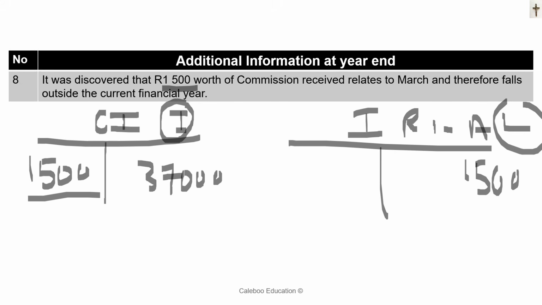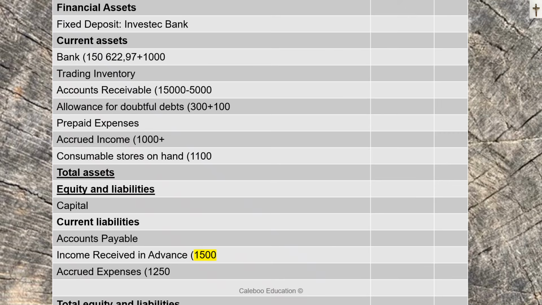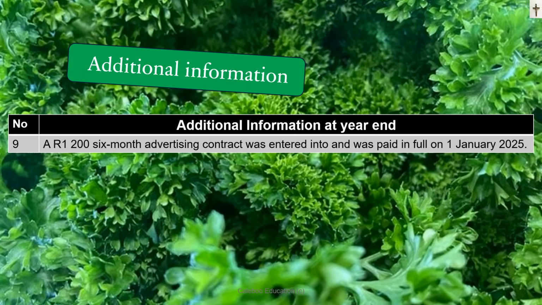Now we're going to put this information onto the statements. There's commission income. It was made smaller, 37,000 minus 1,500. And income received in advance, which is a current liability, is 1,500. Right, last one, last adjustment.